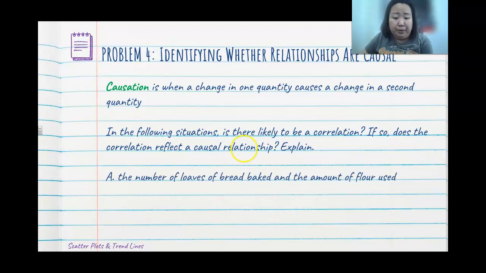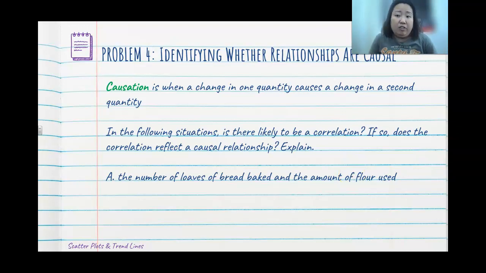So for example, the number of loaves of bread baked and the amount of flour that's used. Well, definitely the amount of loaves will be depending on the amount of flour used. The lesser flour you use, the lesser amount of bread that you can bake, correct?